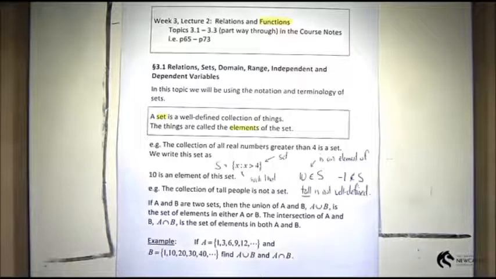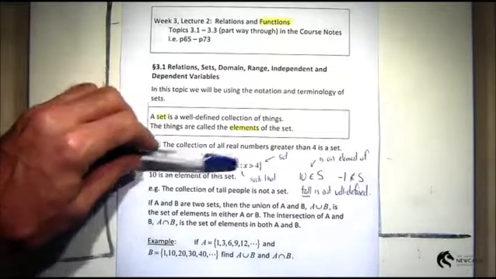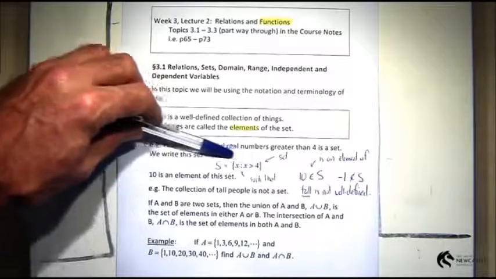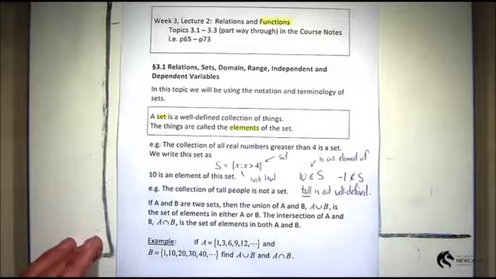Okay? Armed with that, that's all we need to know about sets. We will continually refer to things as sets, and we will write the things we're referring to in this notation here. Okay, so that's all you need to be able to do.